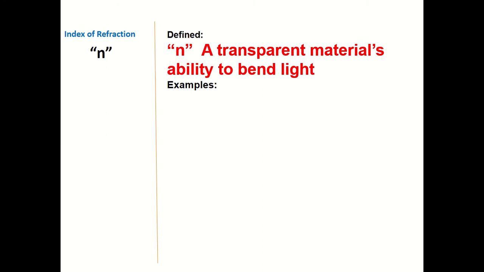We'll see here in a second. That piece of acrylic that I showed you in the earlier video has an index of refraction of 1.5. So all materials have this different ratio, which is their index of refraction, and that's what gives them their optical properties.